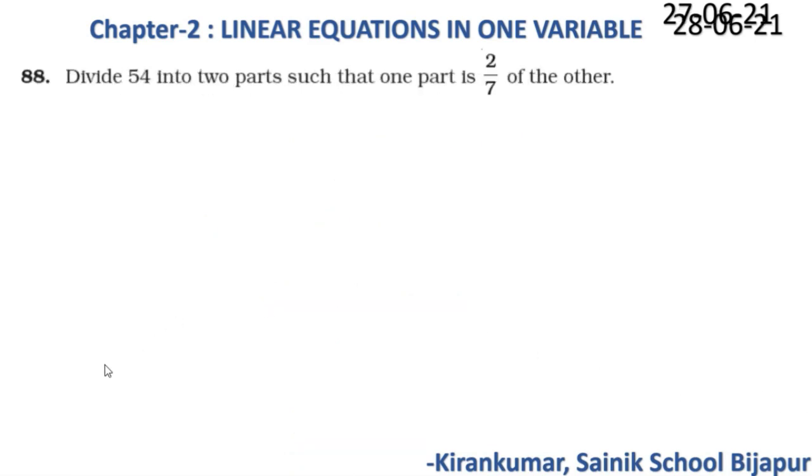Question 88, pretty easy. Divide 54 into two parts such that one part is 2 by 7 of the other. If I consider one of the parts to be x, the other part is 2 by 7 times x, and both the parts when added should give 54 because 54 is divided into these two parts. This is the equation we require to simplify.